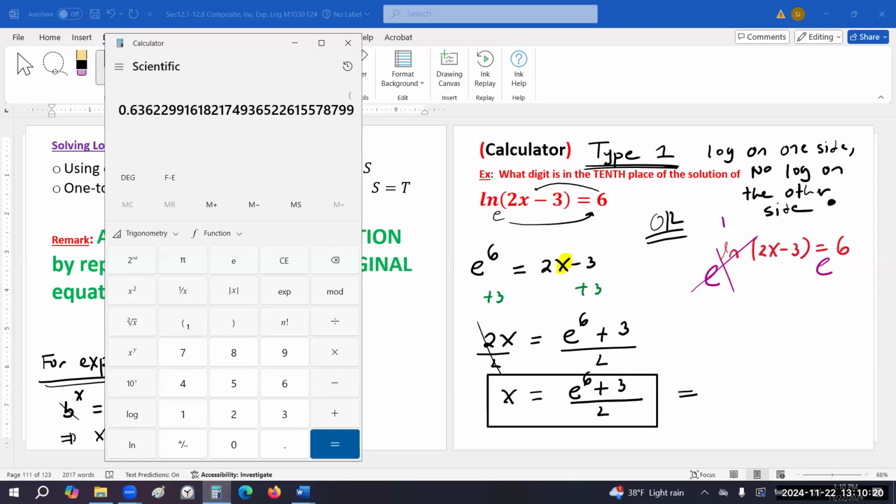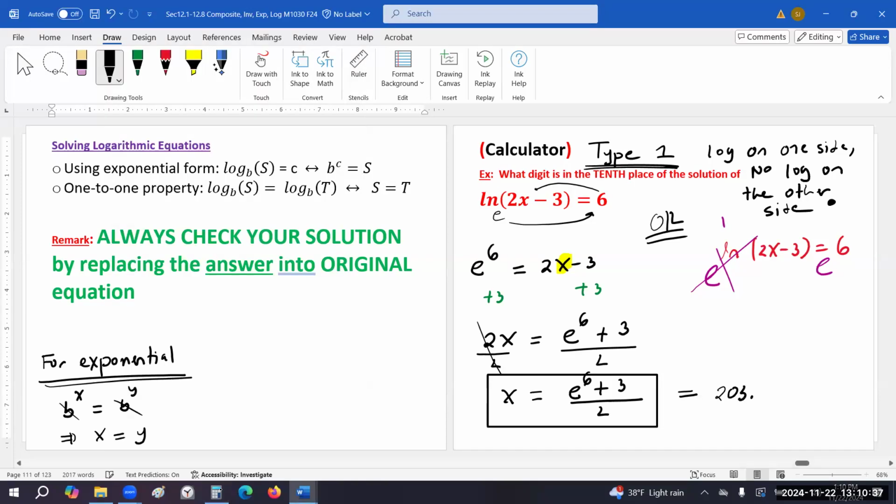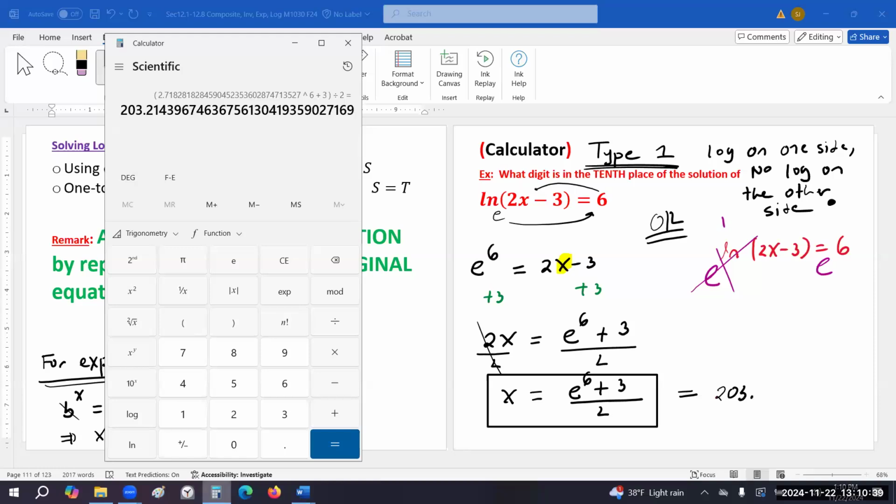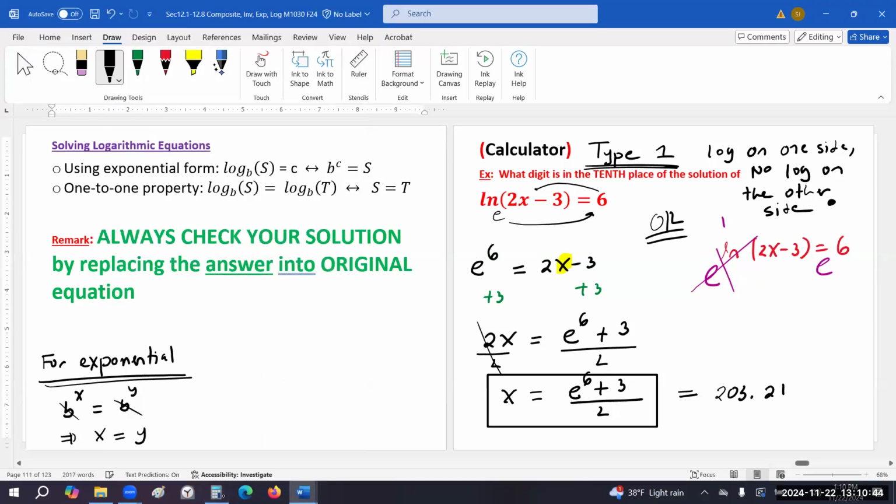So on the top, we have e to the power 6. We are adding 3 to that. Whatever we have, we are dividing by 2. We get 203.21. Let's just round to the tenth place. Tenth place means how many places after the decimal? 1.